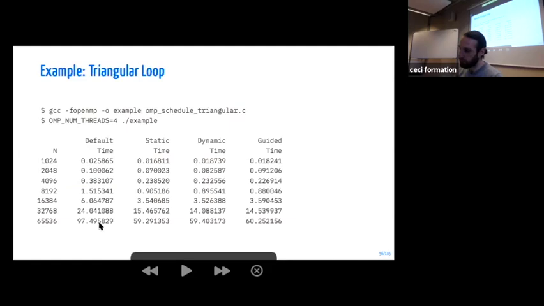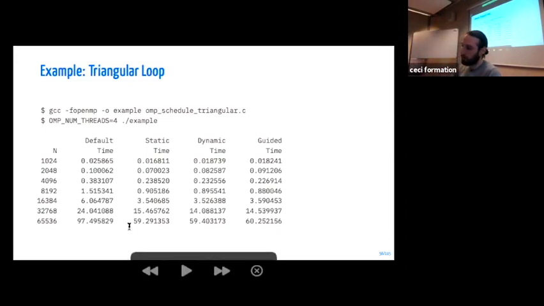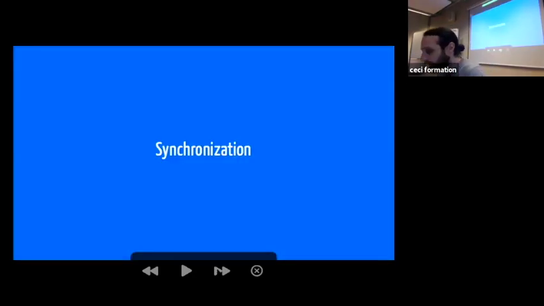With the default static, you have 97 seconds for the run, and if you choose a small chunk size or use dynamic or guided, then you again get about a 30% improvement, reducing the compute time to about 59, 60 seconds. So this was the first part.